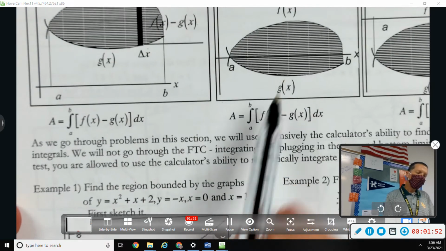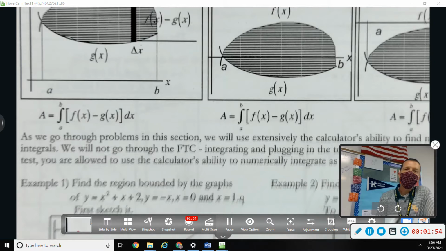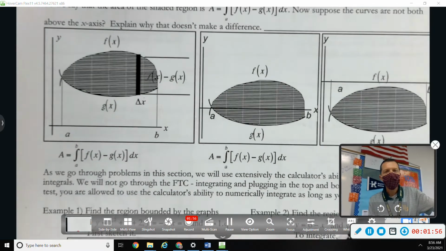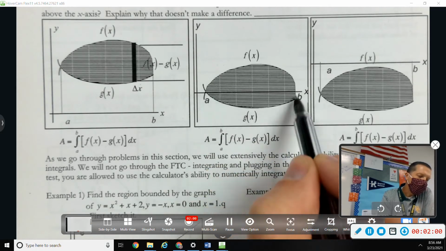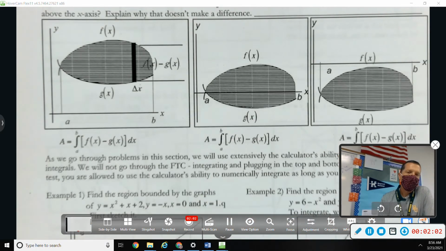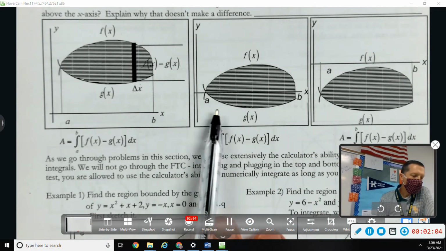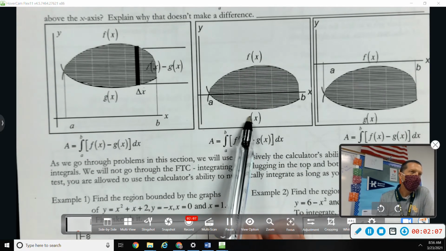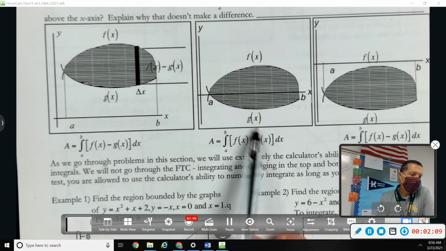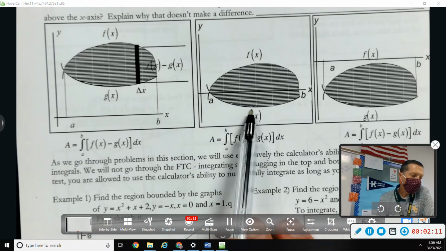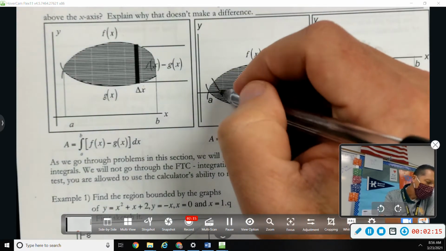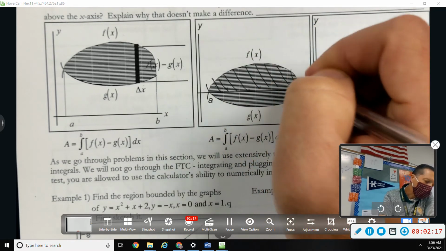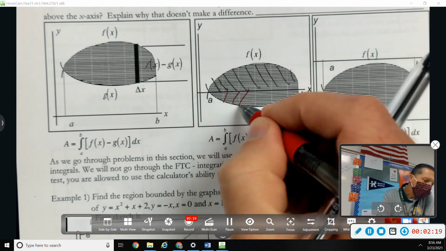And even if these second two pictures demonstrate something a little bit different, if one of the curves is below the axis, it's still the same thing. It's still the top one minus the bottom one. Now, if g is negative, then that ends up being f plus the bottom one, so you end up having the top area plus the bottom area.